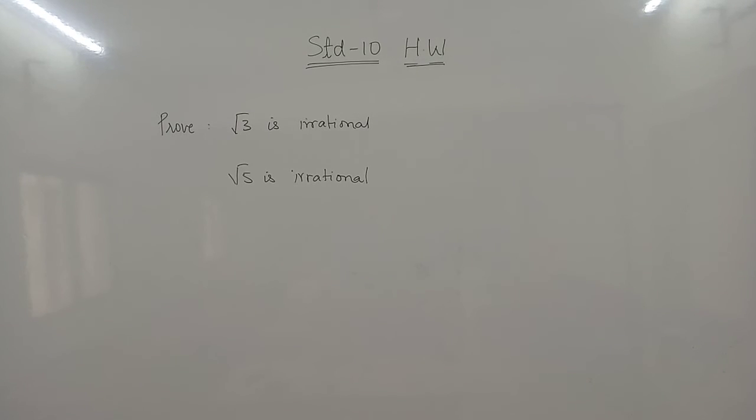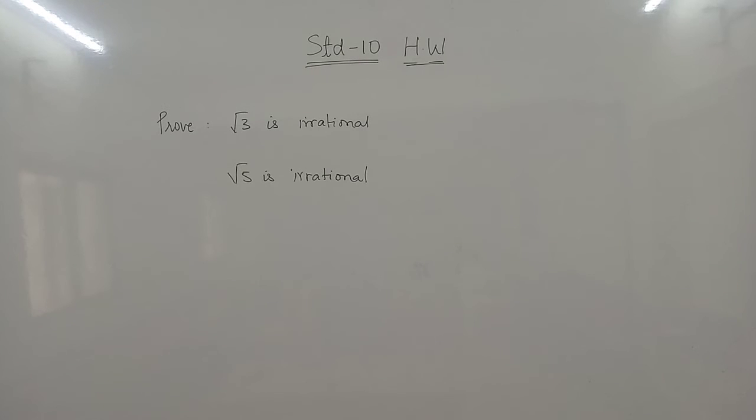Root 3 is irrational is also given in the textbook. Yes, one was a theorem and the other one is an example, example number 9. Root 3 is irrational. Using the same technique, I want you to prove that root 5 is also irrational. The steps will remain the same.